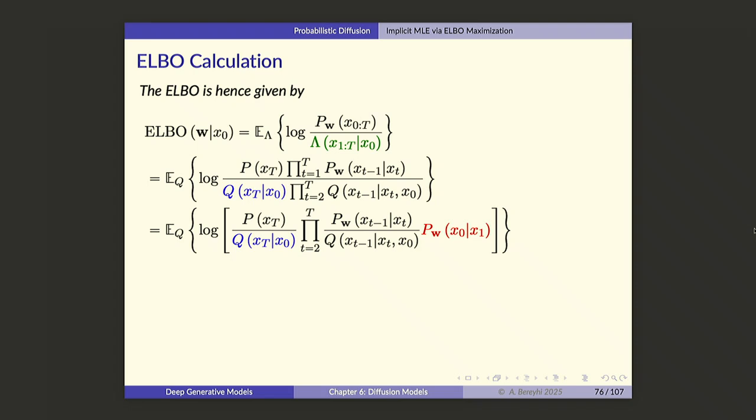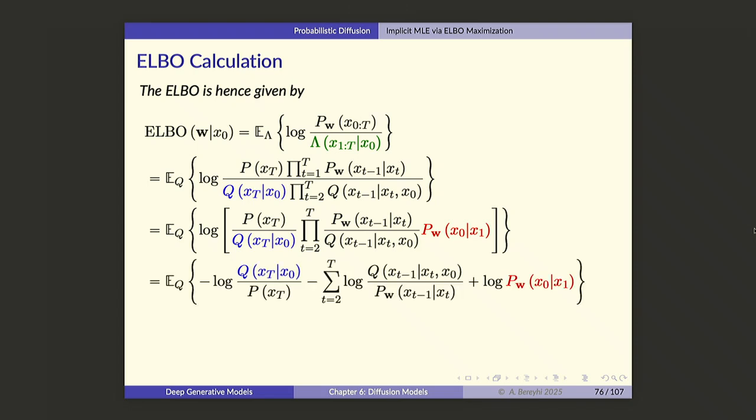Everybody's following? Okay. Now that I have this one, this is a logarithm, right? When the logarithm is applied to this multiplication, it's going to turn into a sum, right? So I'm going to just apply the logarithm to make it into a sum. The first term is going to be a logarithm of this term, P divided by Q, right? So I just reverse the fraction, and then I just keep the minus here.